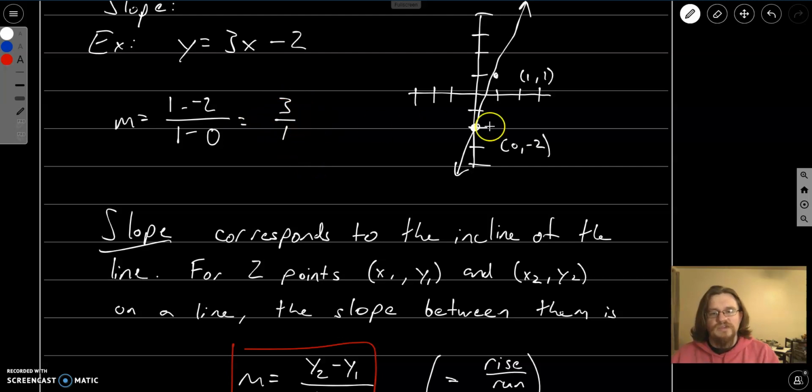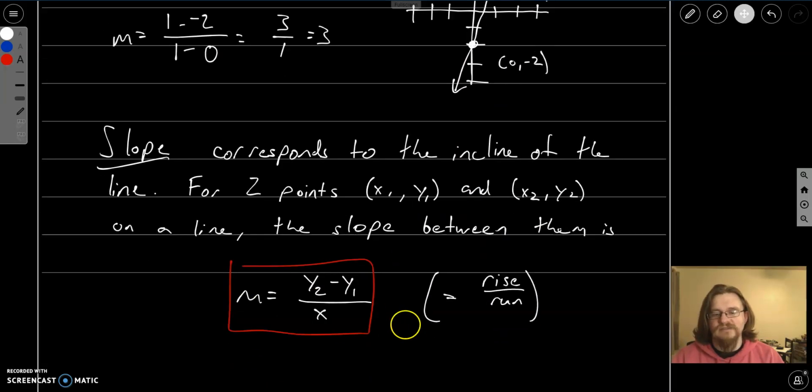One way to interpret this is that the run is 1, so if we go over 1, we go up 3. So over 1, up 3. So our slope is going to be 3. This is fairly straightforward in this sense. You just take 2 points along the line, and we can calculate the slope.